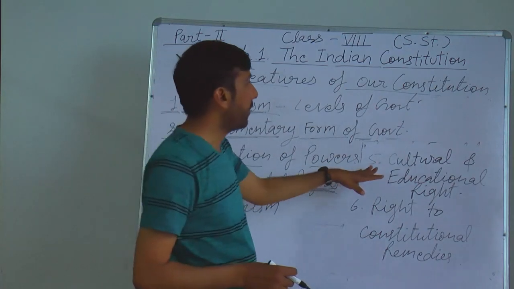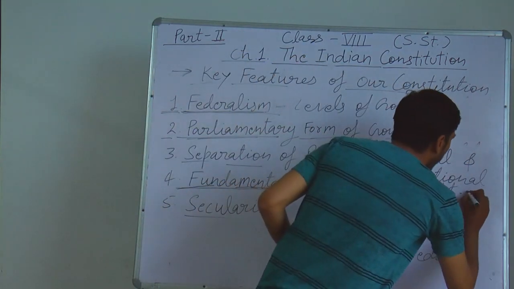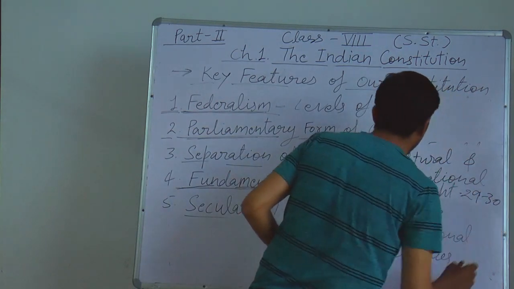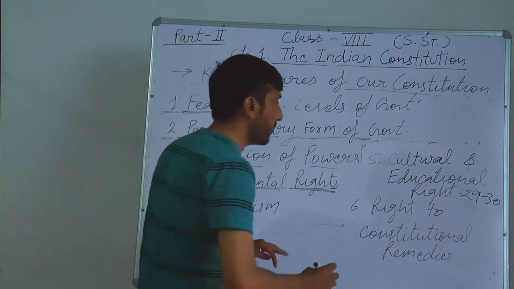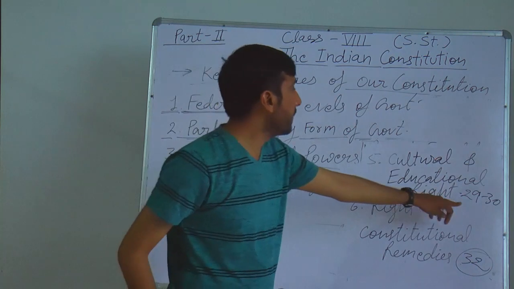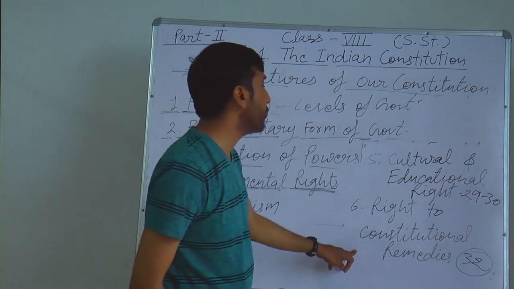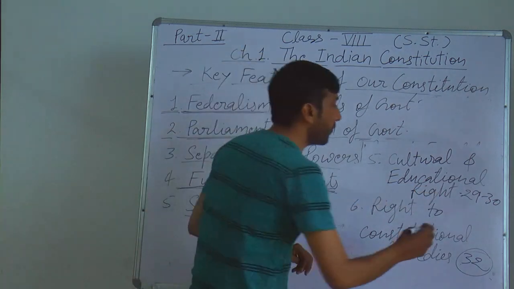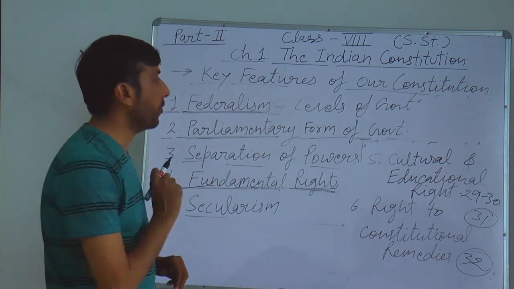Fifth fundamental right, cultural and educational right, is given in Article 29 and 30. And the last one is right to constitutional remedies. It is given in Article 32. What is in Article 31? That is left. In Article 31, right to property was there.